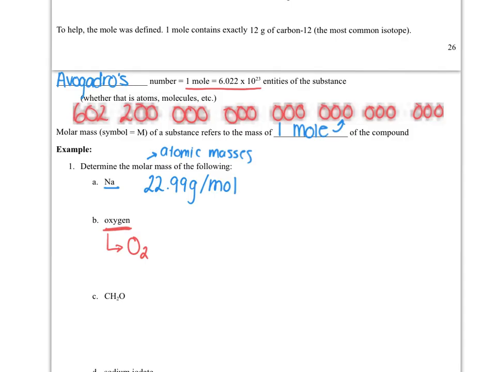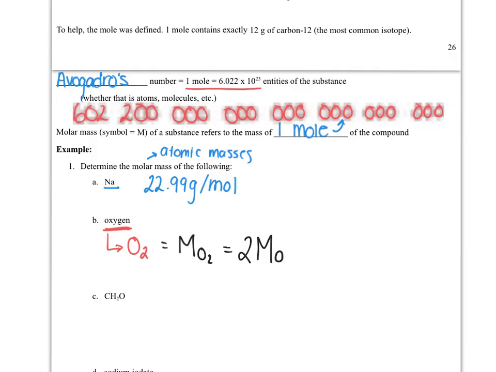Here, when I look at this formula, there are 2 atoms of oxygen in that formula. Therefore, when I go to calculate its molar mass, I have to consider that the molar mass, the symbol big M, of oxygen is equal to the molar mass of an oxygen atom times 2, because there's 2 of them present.